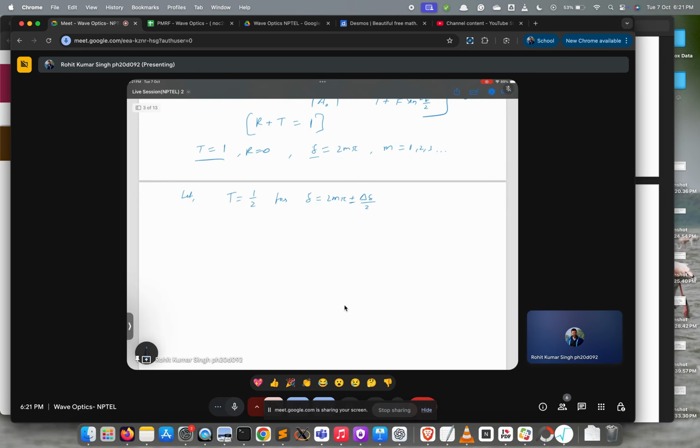That is what I mean: if you look at this graph and look at the transmittivity as a function of this phase difference. As we saw above, at 2m pi we will have t equal to 1, right? So you will have a sharp peak here like this.